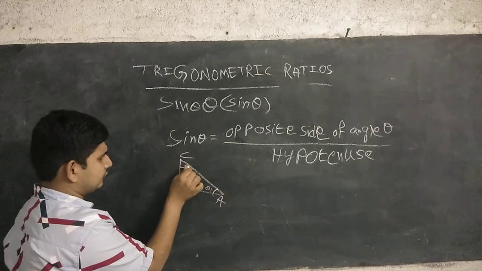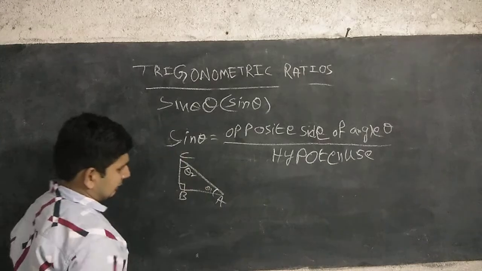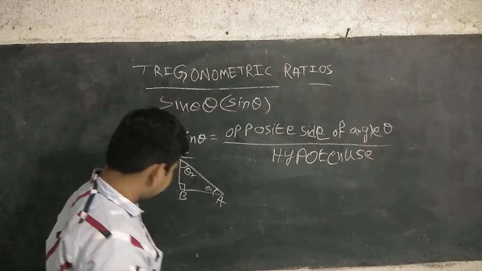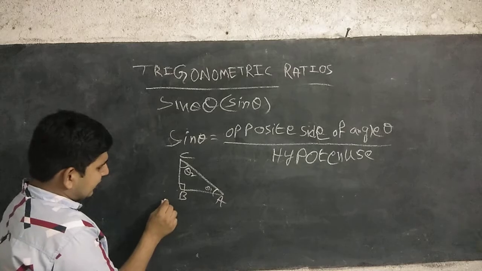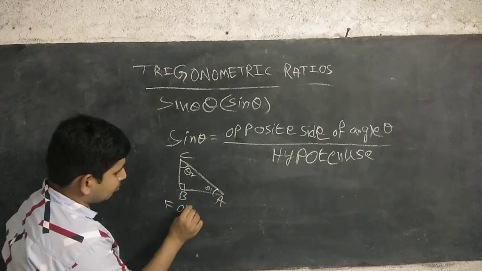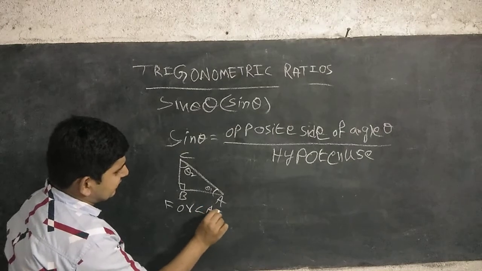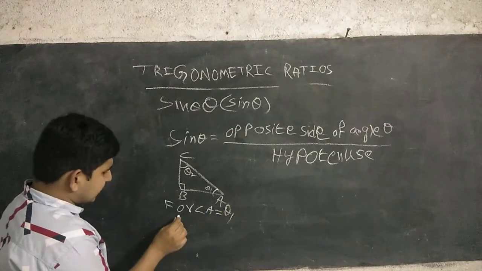Now for angle A equal to theta 1, we need the opposite side.